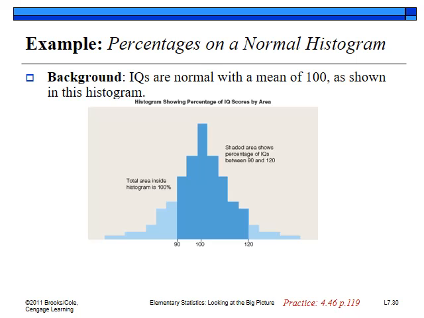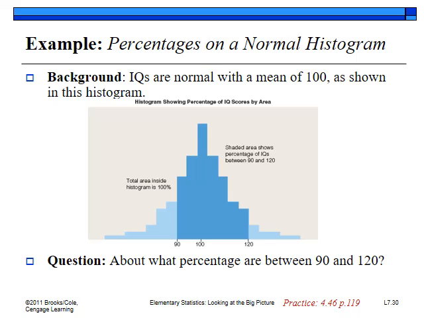We know that IQs are normally distributed with a mean of 100. Here's what a typical histogram would look like. What percentage of people in our sample would we expect to be between 90 and 120?